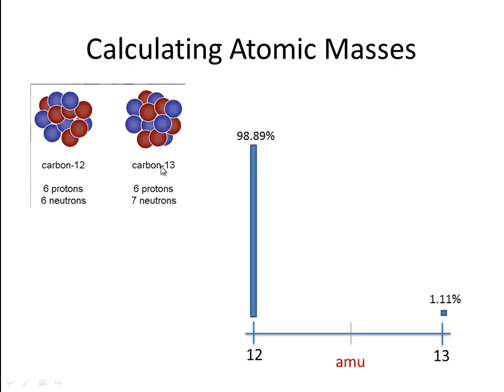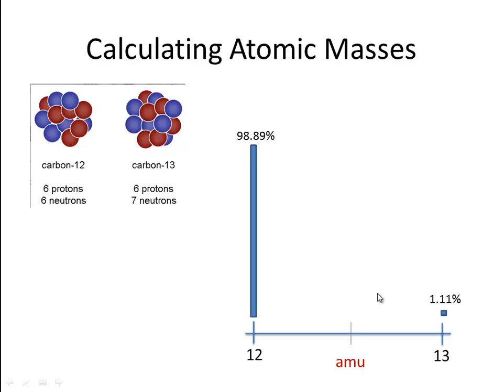If you put carbon into a mass spectrometer, what you will see on the atomic mass unit scale is 98.89% of the carbon atoms have a mass of 12, and 1.11% have a mass of 13.